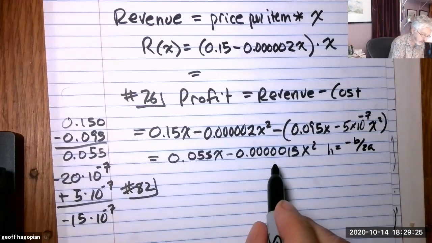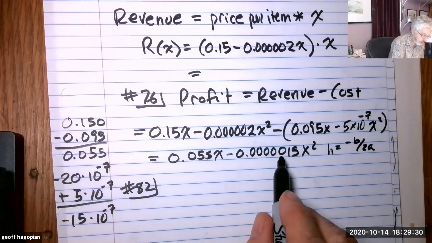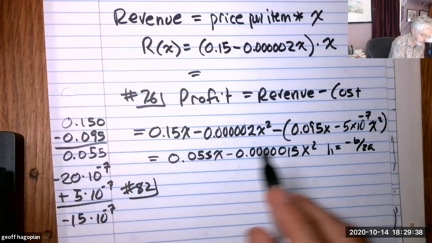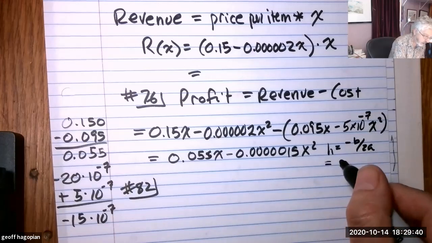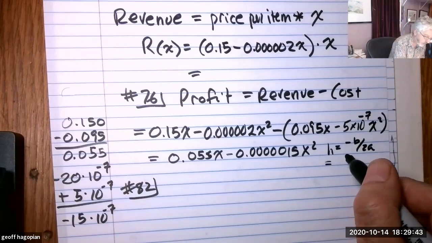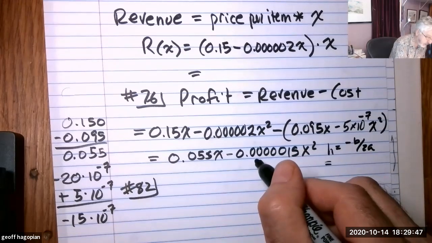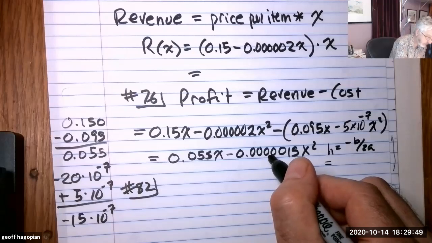So that's going to be 15 ten-millionths divided by 55 thousandths. I'm going to multiply by 1,000 on the top and the bottom, so I'm going to move the decimal point over 3 places.